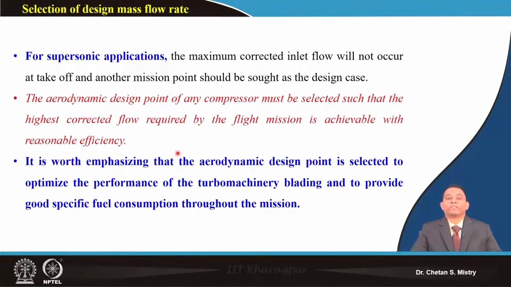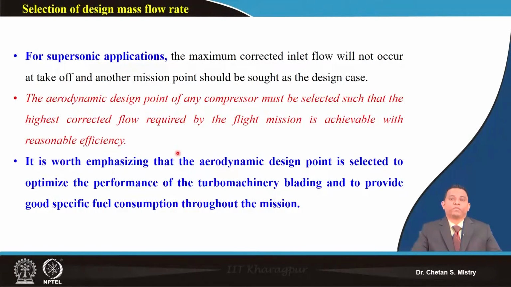So we must realize that what we select as the corrected mass flow rate is different for a commercial aircraft and a fighter aircraft. Mostly for fighter aircraft, people consider the maximum mass flow rate or maximum thrust required condition, which is conventionally selected. That has also been verified for the takeoff condition, with a few percentage variation, and according to experience and the database available with aero engine companies, they select this mass flow rate condition.